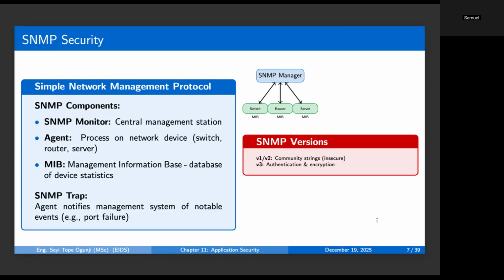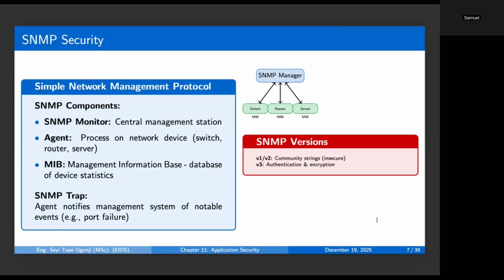SNMP simply means Simple Network Management Protocol. Think of SNMP as a building manager.